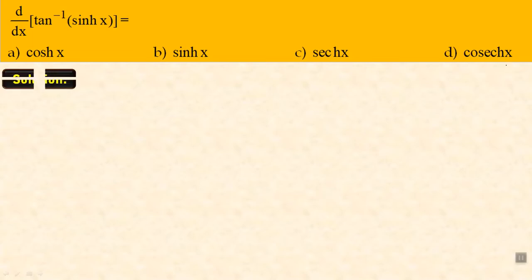Let us find this. D by dx of tan inverse of sin hx is equals to. Here consider sin hx as f of x.